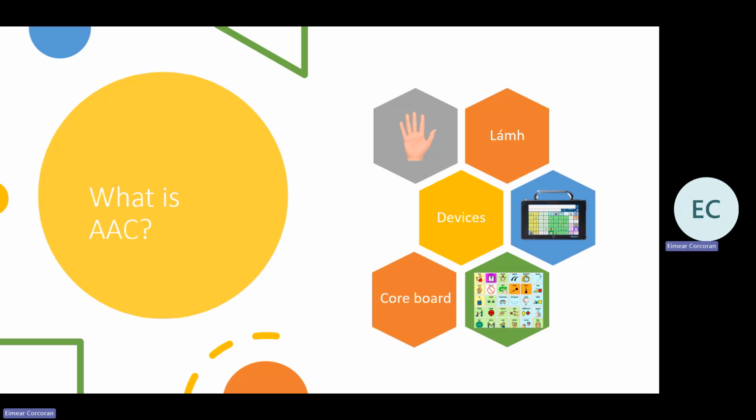Low-tech AAC refers to communication boards, communication books, choice boards, visual schedules, your first-then boards or objects of reference. And high-tech AAC refers to communication devices or switches. Some of the communication apps you might have heard of already could be Grid, Proloquo2Go, TD Snap, or LAMP, which are often heard.